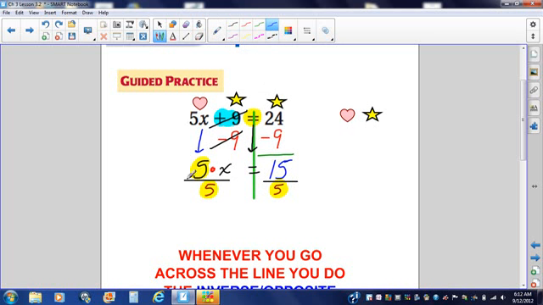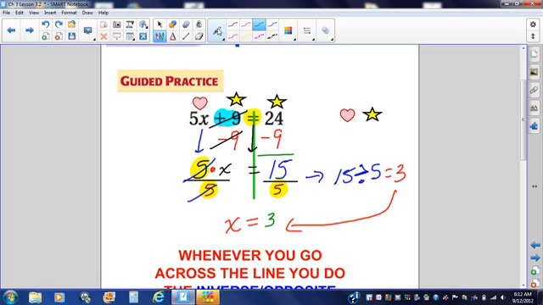But instead of writing that, I'm just going to cross them out because they're going to cancel. This really means 15 divided by 5. 15 divided by 5 is 3. So I have x equals 3.